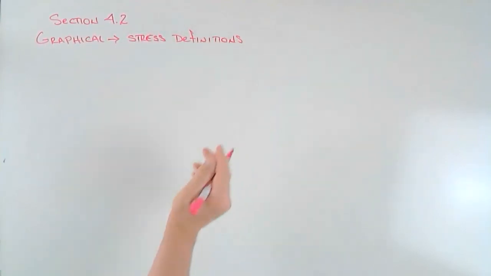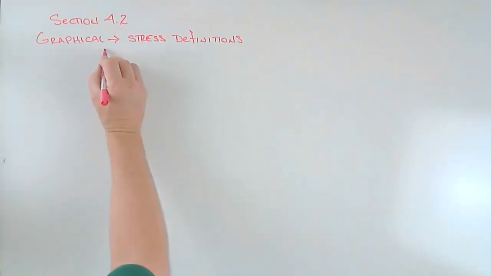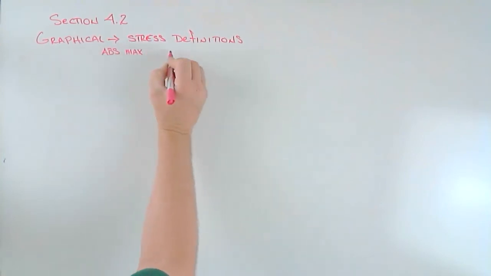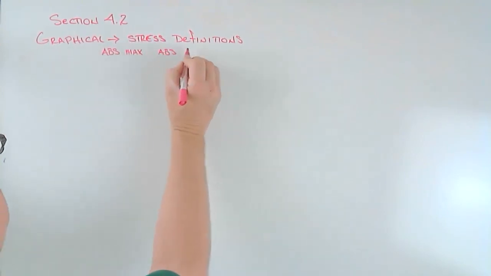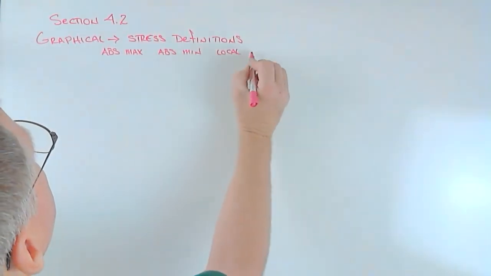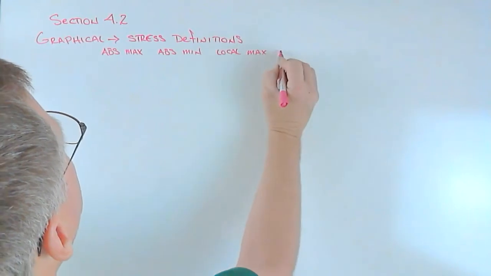Remember, we know that there are four definitions. We have four unique, four independent definitions. We have the definition of the absolute max, absolute min, local max, and local min.